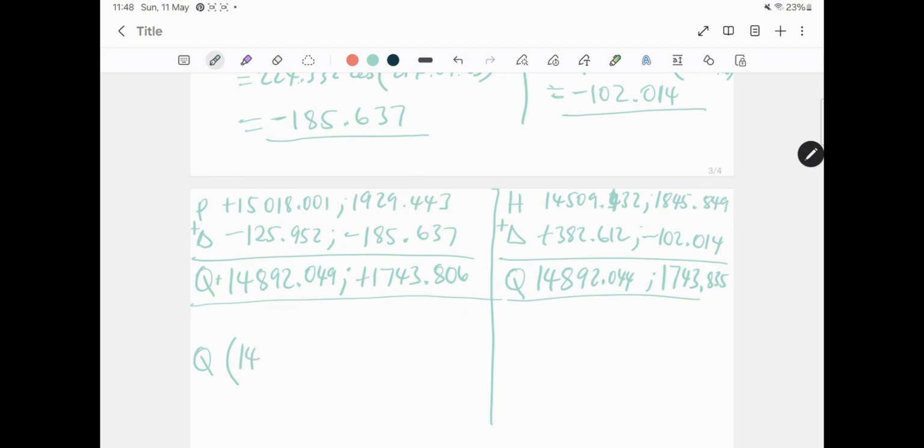So we're getting 14,892,047. That side also it's 1743,806 plus 1743,835 over 2. Now it's 1743.821. So those are the coordinates of Q.